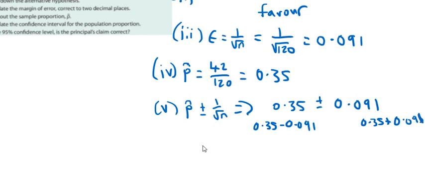If you put that into a calculator, for this part we get 0.259, and then if we add on 0.091 we get 0.441.